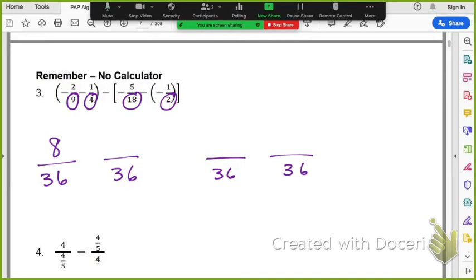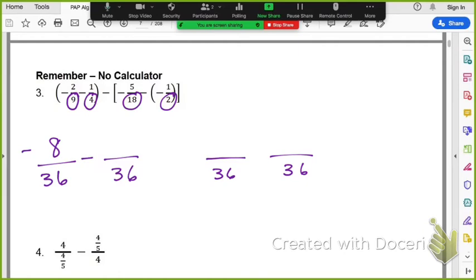It would not make it different. I would never write it that way, but it would not make it different. So if it were negative on the bottom, that's the same as negative on the top, which is the same as negative out front. The only time that it would be different is if I had a negative on top and bottom. And then that would make the entire fraction what? Positive. So it doesn't matter where you write it, top, bottom, out front. It all means the same thing.